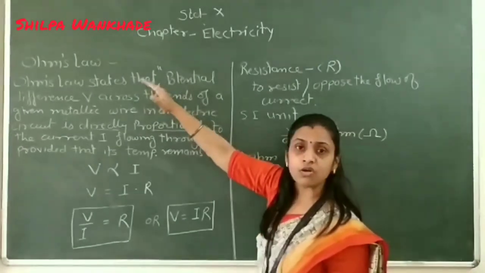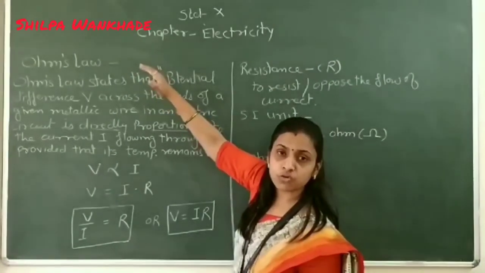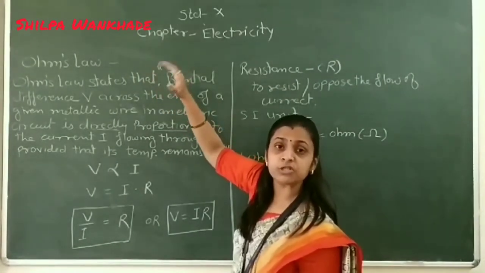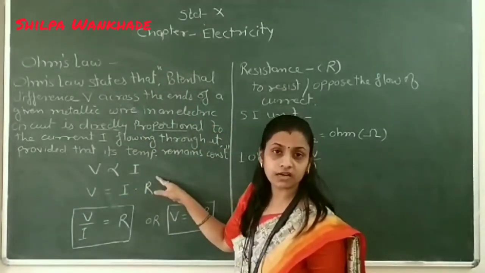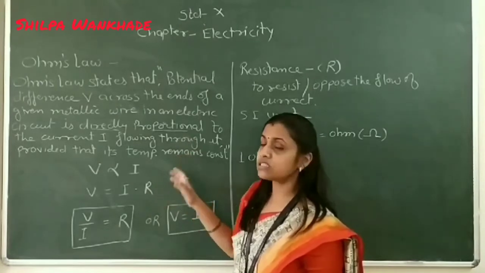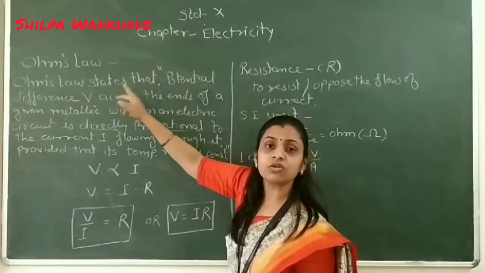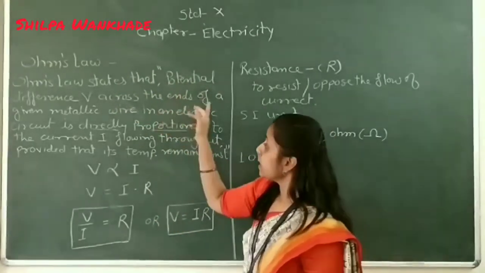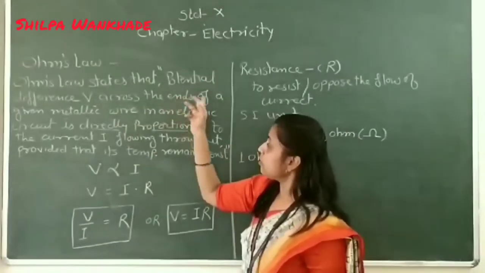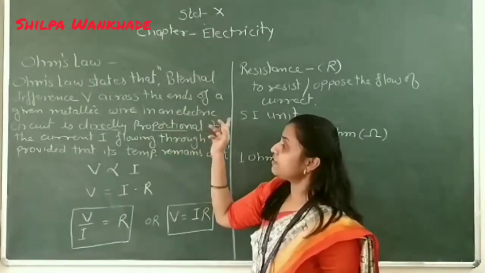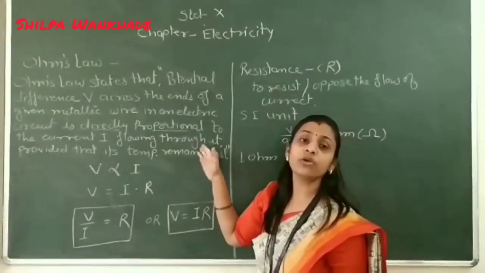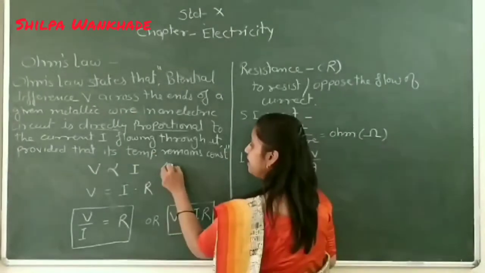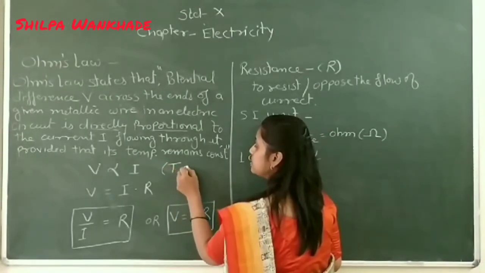Ohm's law was first proposed by George Ohm in 1827, and it gives the relationship between the potential difference and the electric current. The law states that the potential difference across the two ends of a conductor in an electric circuit is directly proportional to the electric current flowing through it, provided that temperature is constant.